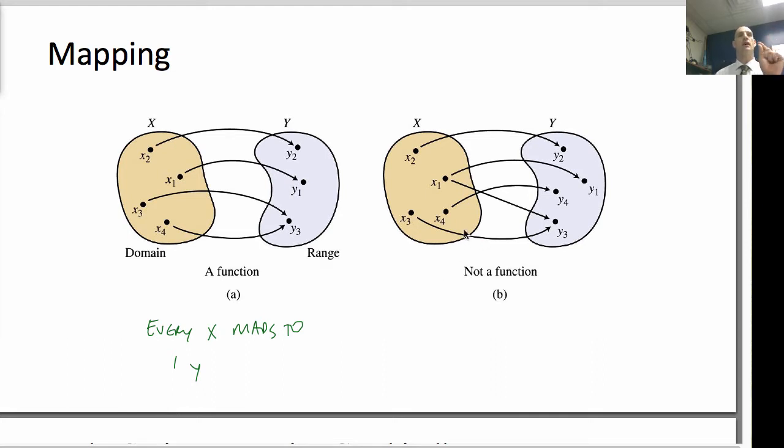The problem becomes if I ever have a situation like this where x1 could become y1 or x1 could become y3, and then x2 becomes y2, x3 becomes y3, and x4 becomes y4. X's map to more than one.